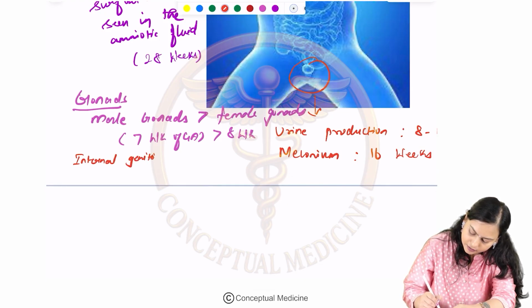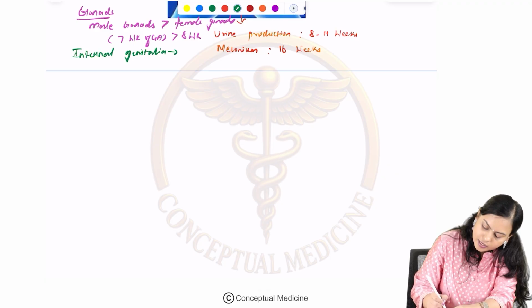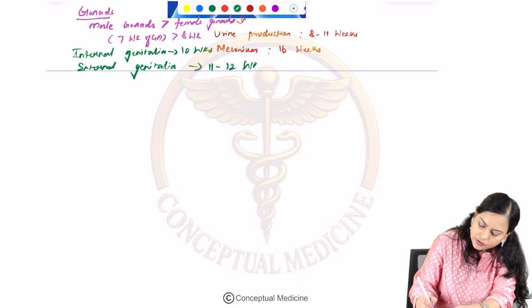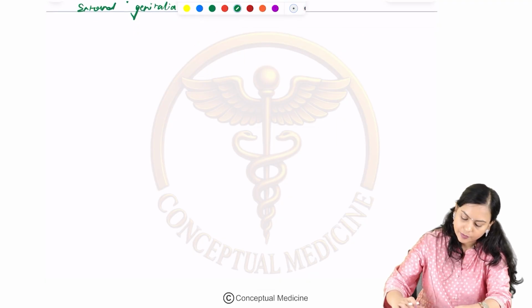Internal genitalia and external genitalia: the internal genitalia are seen around 10 weeks and external genitalia develop between 11 to 12 weeks of gestational age. We'll see some of the important systems in the fetal development.